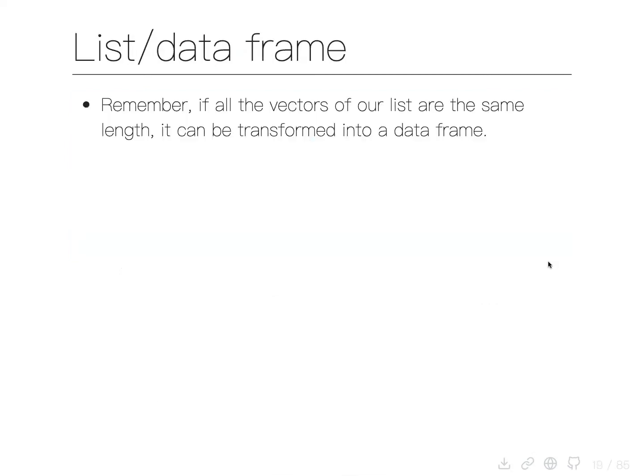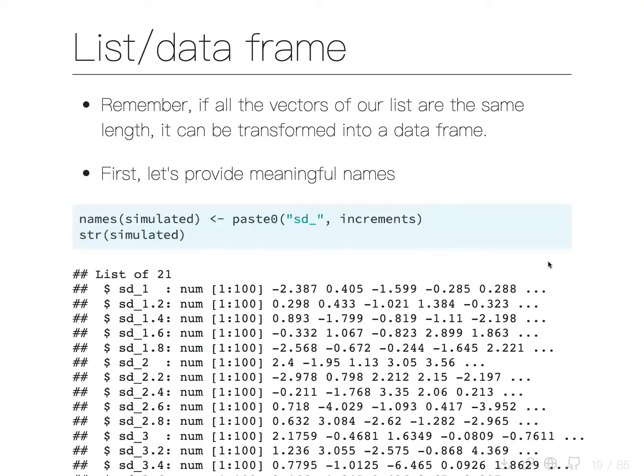And that's all good. Now that we have that though, remember we talked about last time that a data frame is just a special kind of list, right? And if you have a list where all of the elements of the list are the same length, right? Then you can transform it to a data frame very easily. So in this case, I wanted to first give it a little bit more meaningful names.